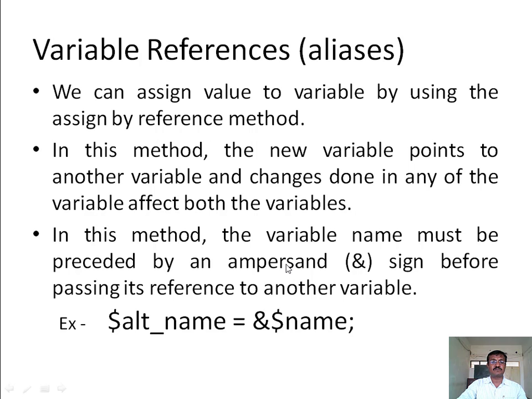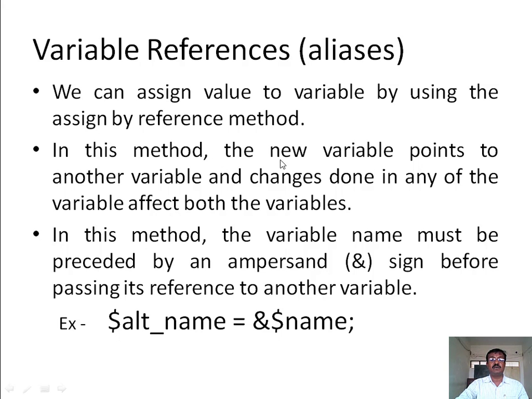This is about variable variables. Next is variable references, or we can also call them aliases. Instead of assigning a value to a variable, we can assign the reference of another variable, using the assign by reference method.